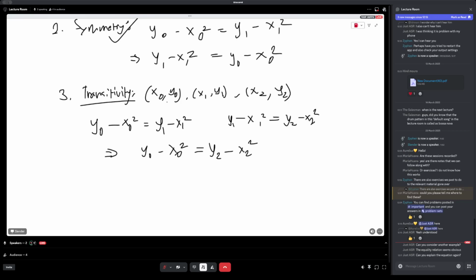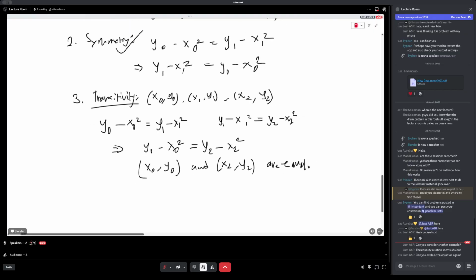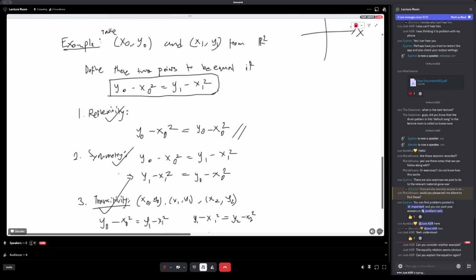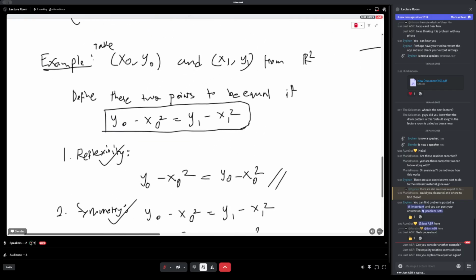So this just means that x0, y0 and x2, y2 are equal. That's it. It's that simple to show equivalence relations. Okay, so that's transitivity done. So this equation is an equivalence relation for this set.